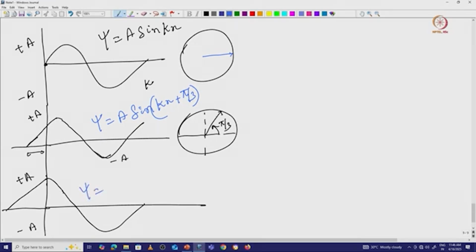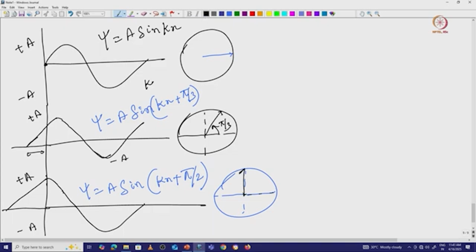So, in this particular wave, it will be sin kx plus pi by 2. Okay. Now, how are we going to plot it? Here you can see initially it started here, now the wave has completely rotated here. So, now it is pi by 2. What about the next?